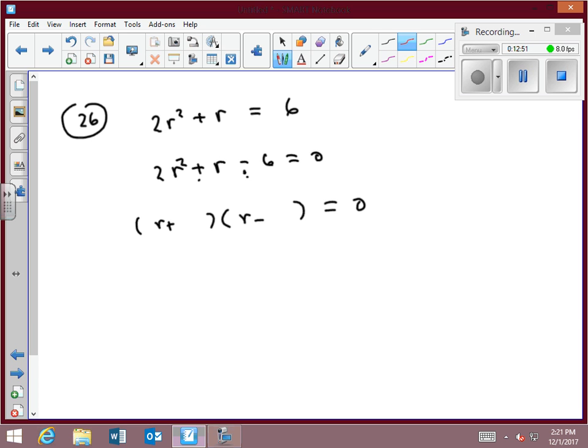So now it's 1 and 2, 1 and 6, and 2 and 3. Now, because it's opposite signs, this has got to be a difference of 1. So what combination makes a difference of 1?